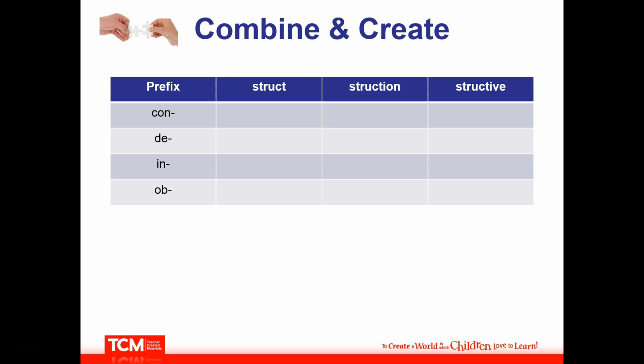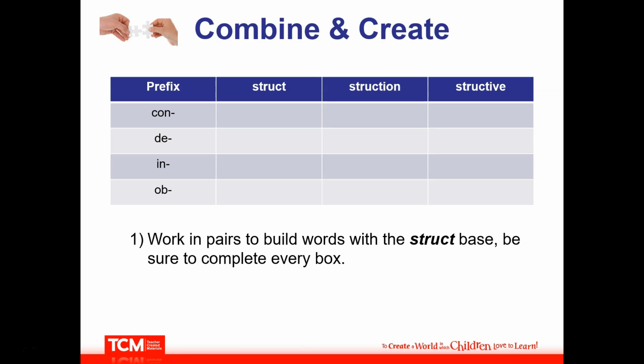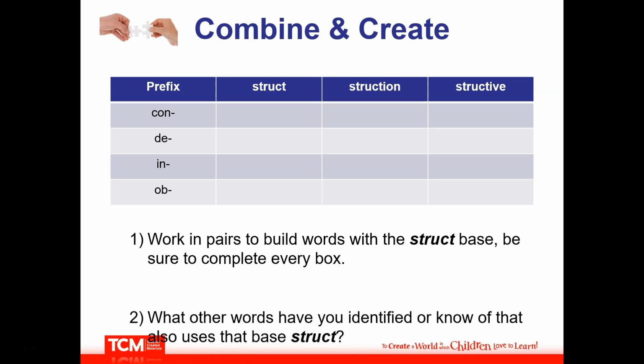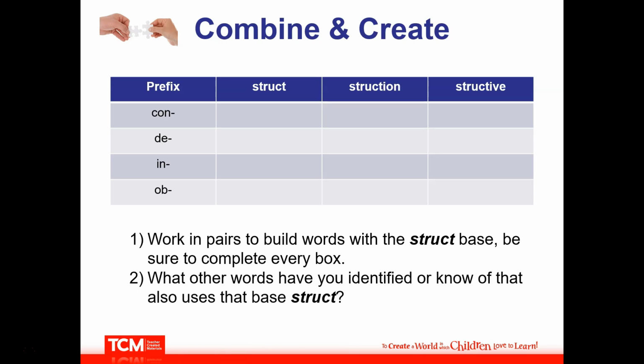We can do this a couple different ways with our students. Number 1, we could have students work in pairs to build words with that struct base, and make sure we tell them to complete every box. And then as an extension, we can ask our students, what other words have you identified or know of that also use that base struct that you do not see within this matrix?